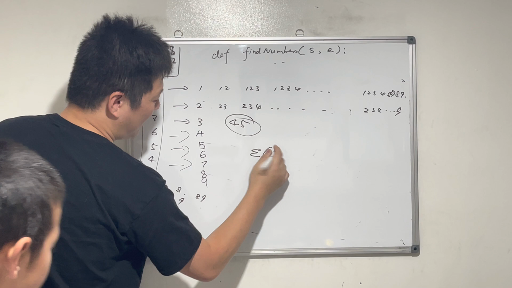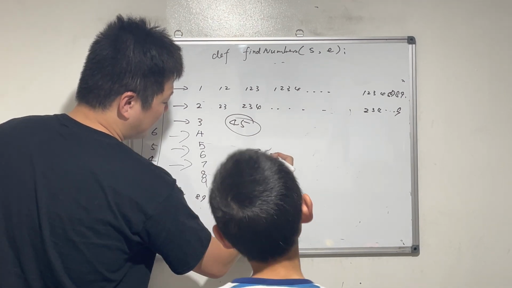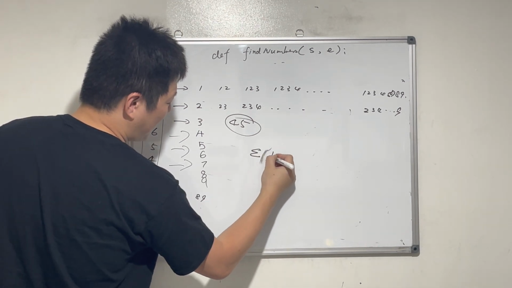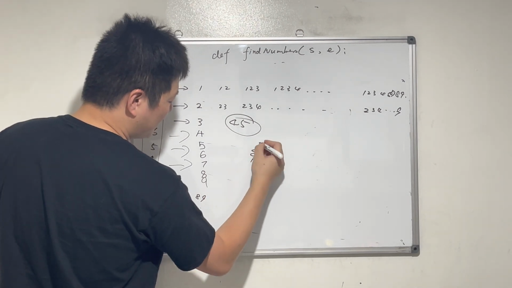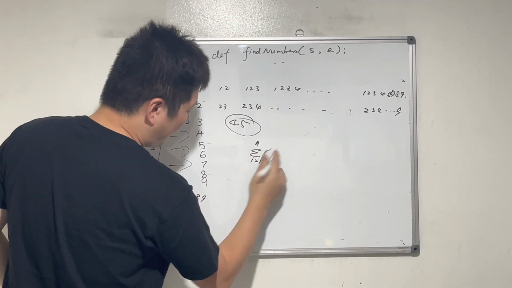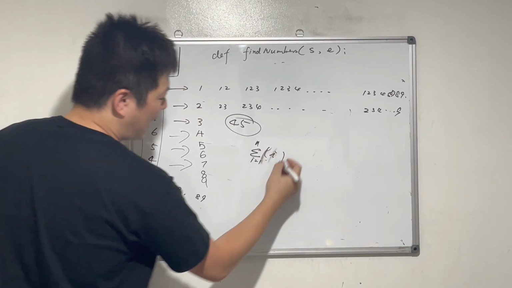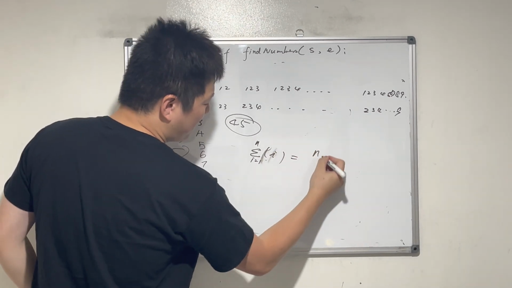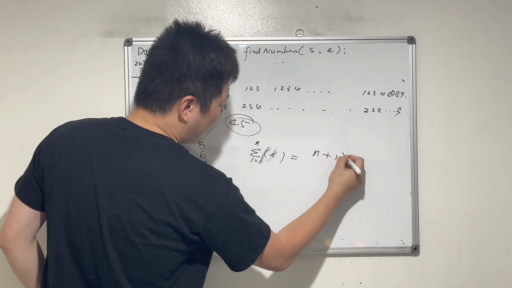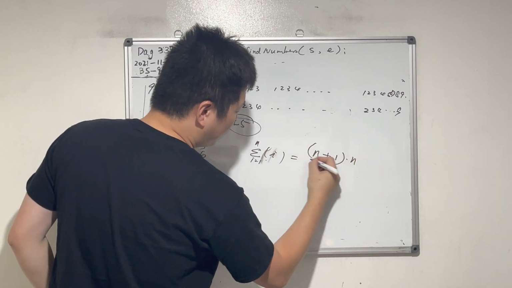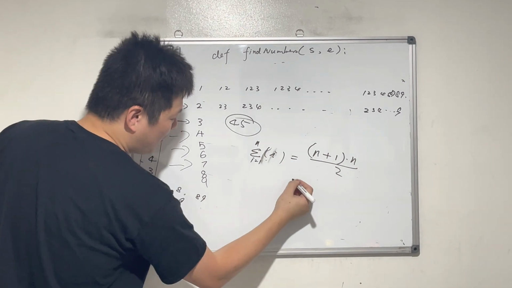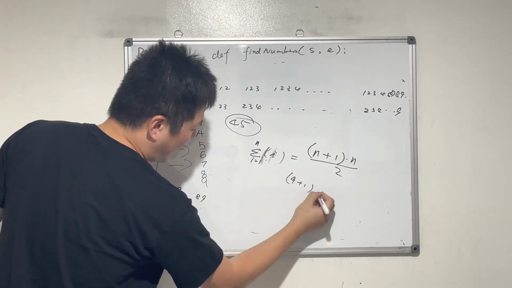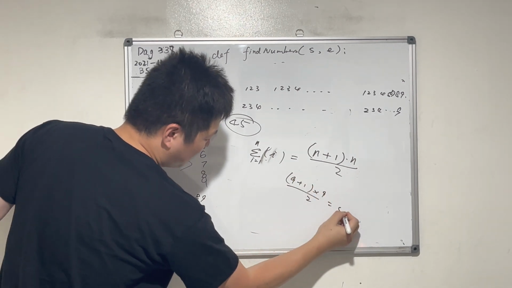The sum of I from 1 to n equals the last number plus the first number, times how many numbers there are, divided by 2. So if we plug in 9, the number is 9 plus 1 times 9 divided by 2, that's 45.